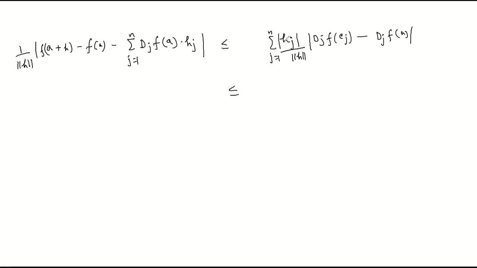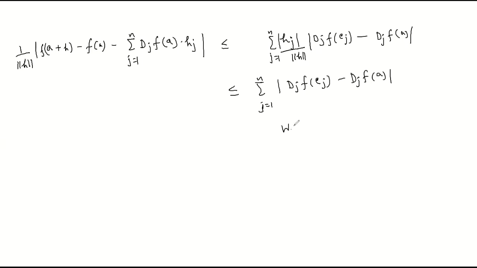Now the absolute value of hj over norm of h is always less or equal to 1. So this quantity is less or equal to the summation j equal to 1 to n of the absolute value of dj f at cj minus dj f at a.